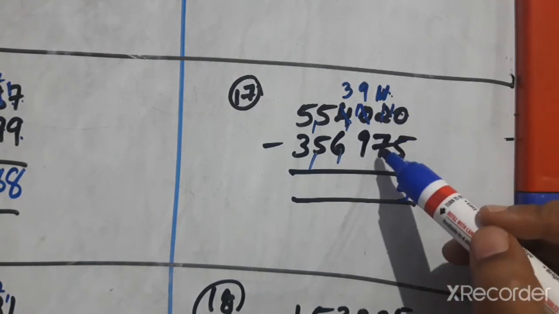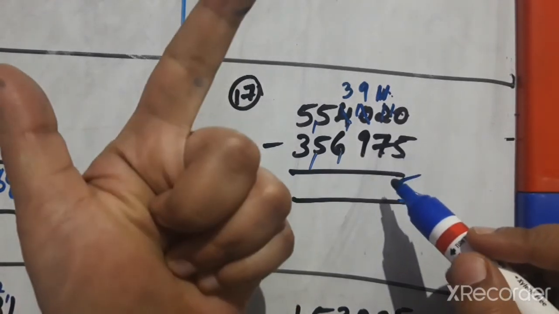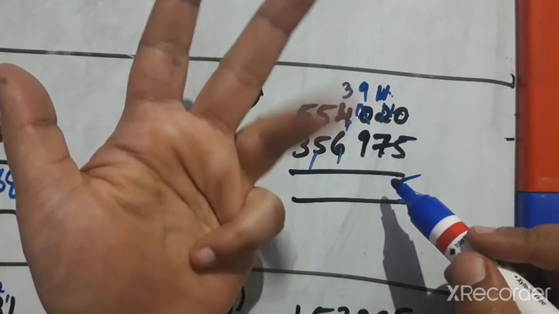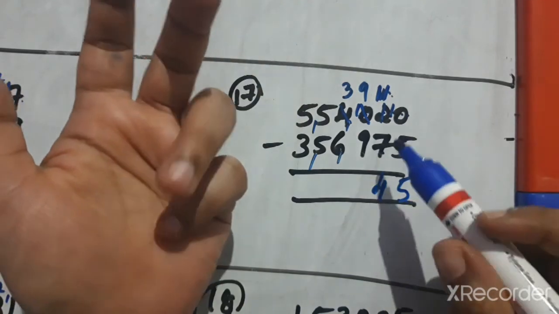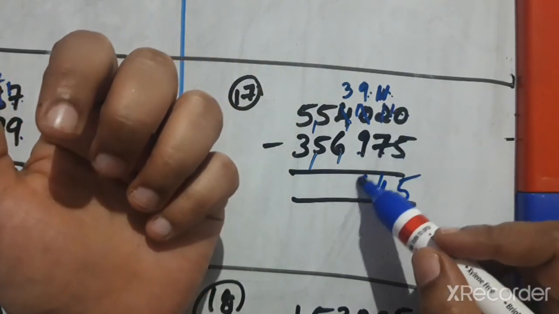Now 11 minus 7 means 8, 9, 10, 11. How much? 4. And 9 minus 9 means 0.